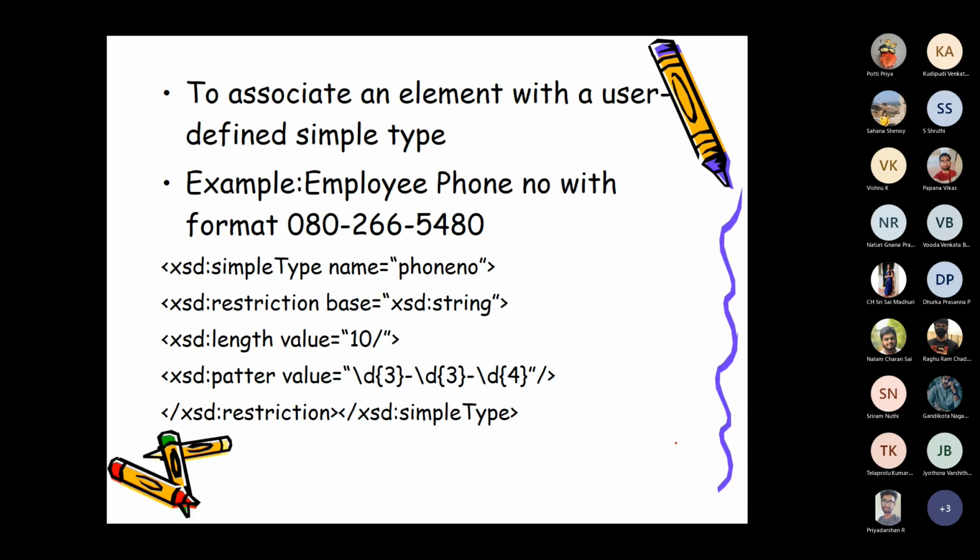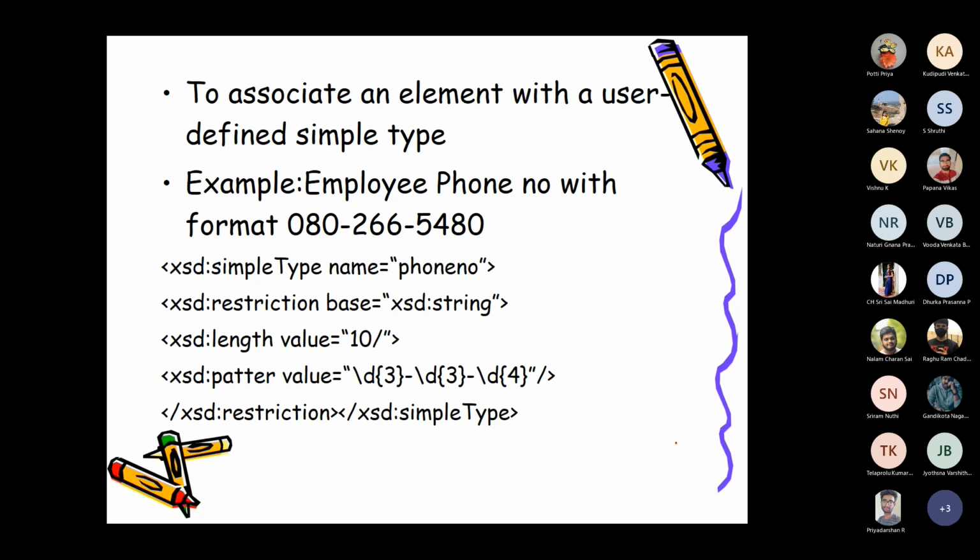Now, suppose I wanted to have an employee phone number with a format like this: say 080, Bangalore's code, then 266 indicates which section in the company he belongs to, and 5480 is the table or cubicle he works at.